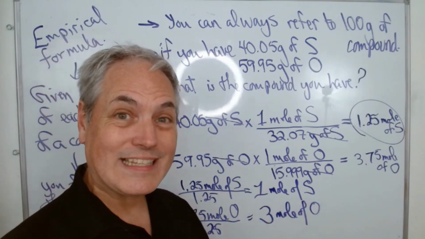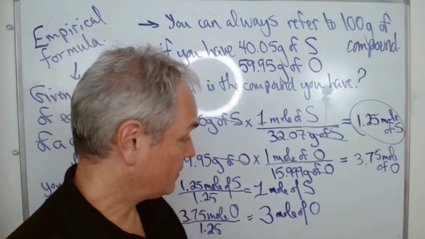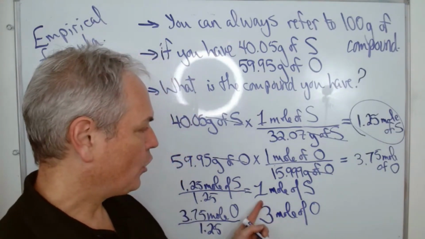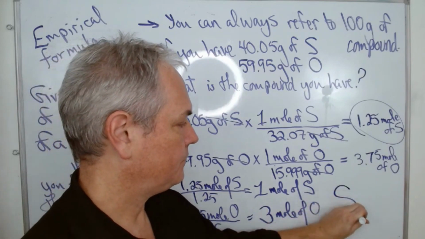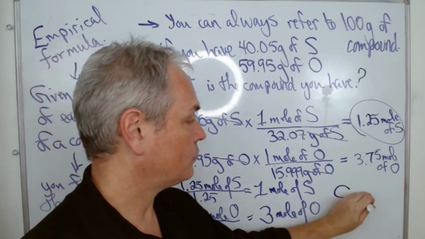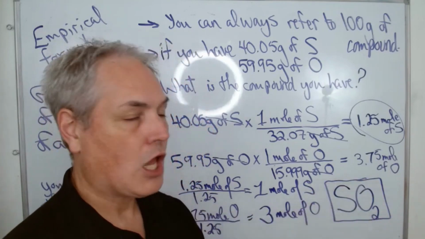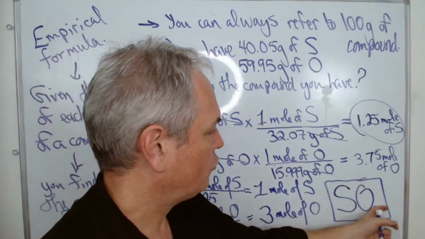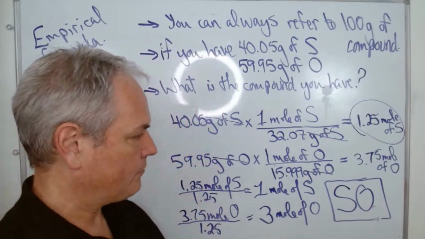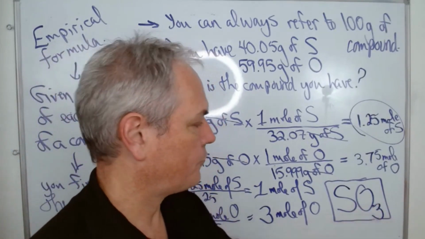So the big question is, if in that substance we have 1 mole of sulfur and 3 moles of oxygen, that means, oops, it's a 3 because I have 3 moles here: SO3.